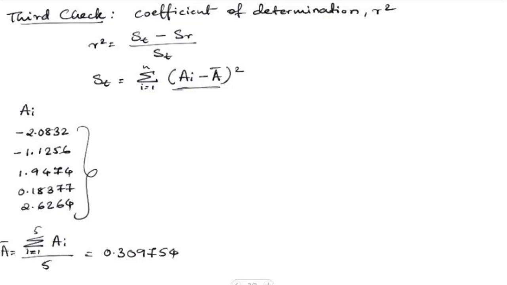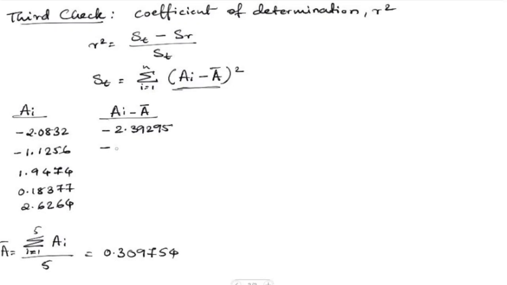So now we'll take each of these values here in the Ai, and we'll subtract from it the A bar, that is 0.309754. So let's write that here. So we have the Ai minus the A bar. So those values will be minus 2.39295.